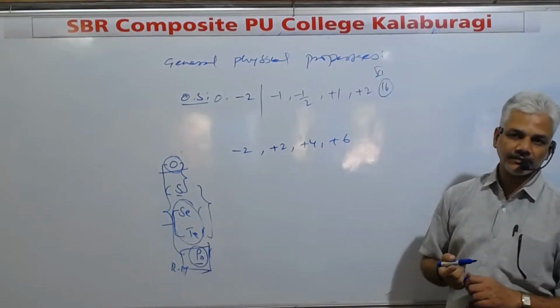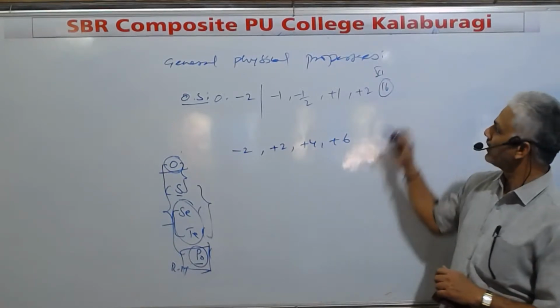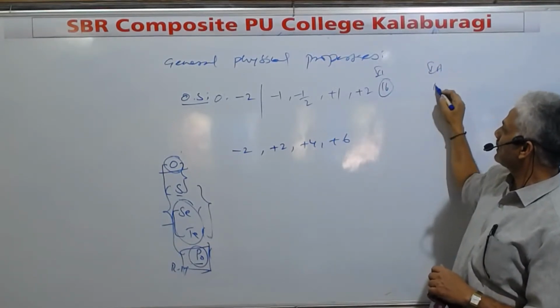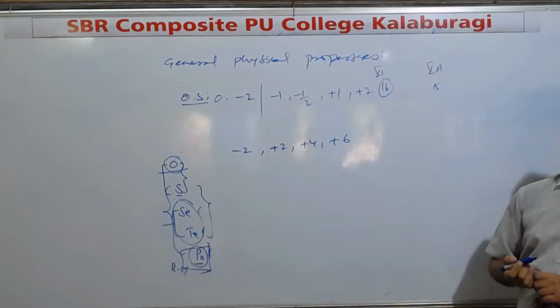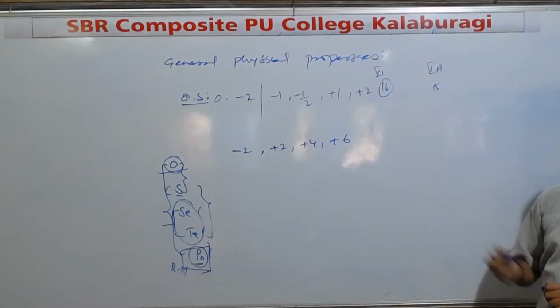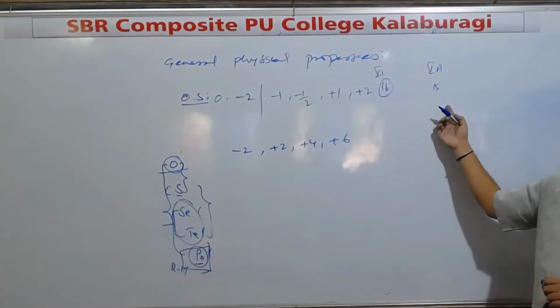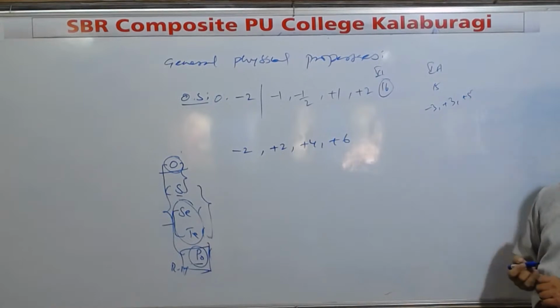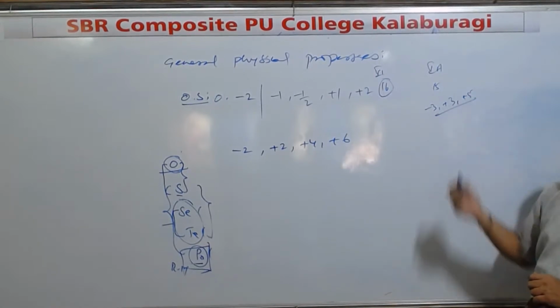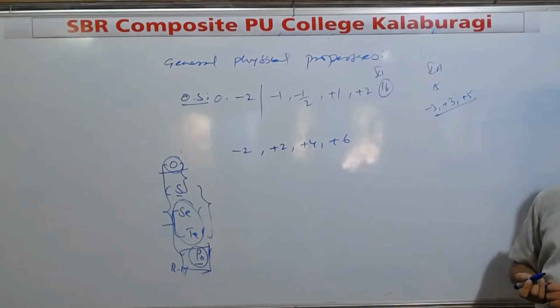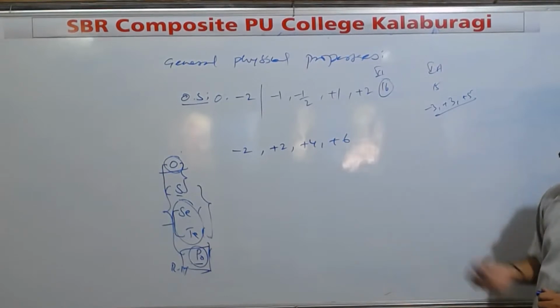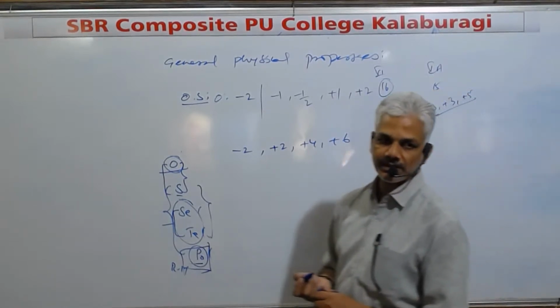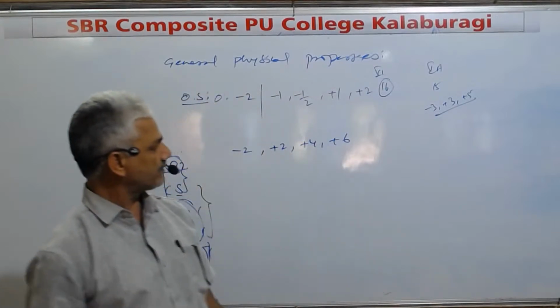If you check the 5A group elements, 5A or 15th group is an odd number. What are the oxidation states of 5A group elements? -3, +3, +5. Again, odd numbers. Right? So that is about the oxidation state values. Remaining properties will continue.